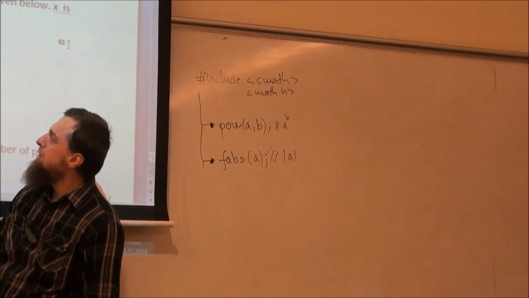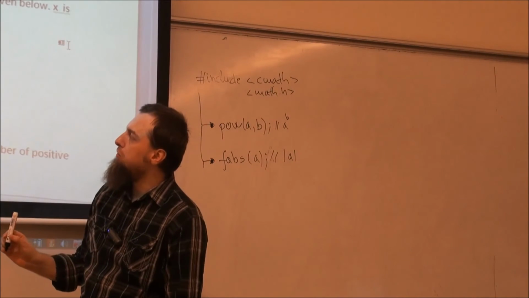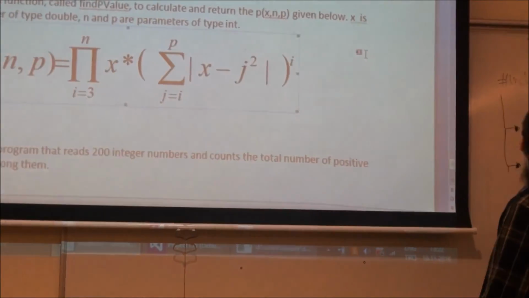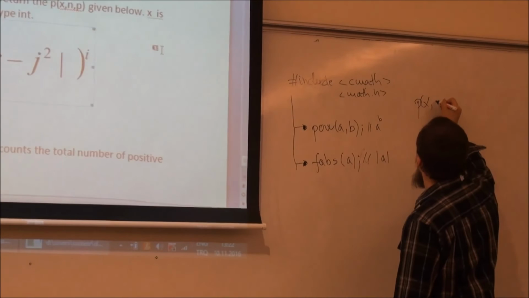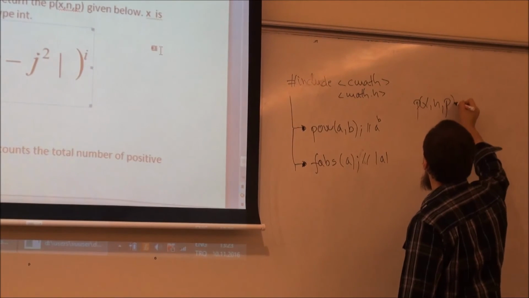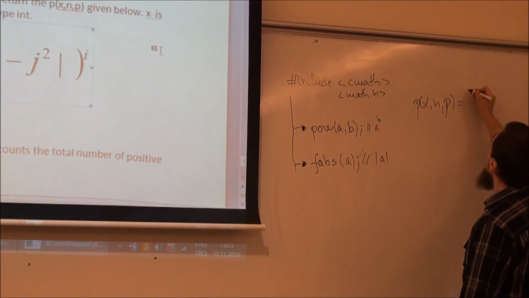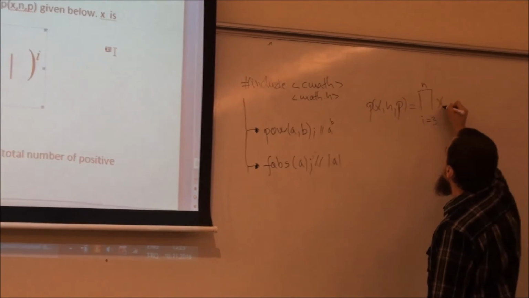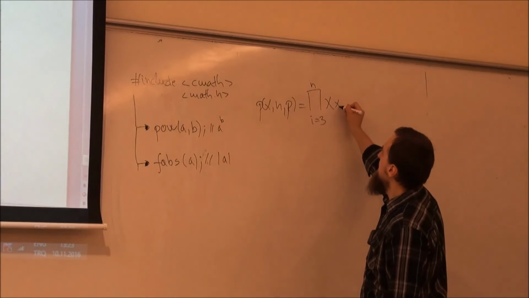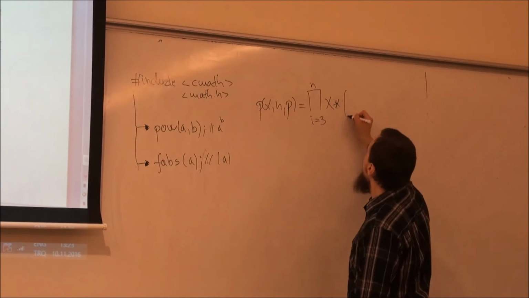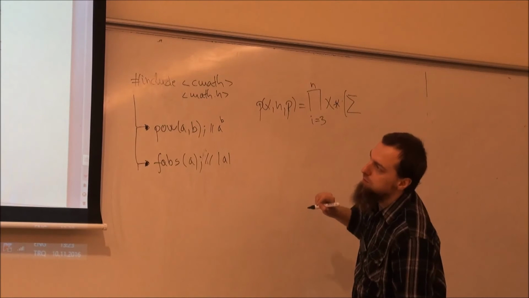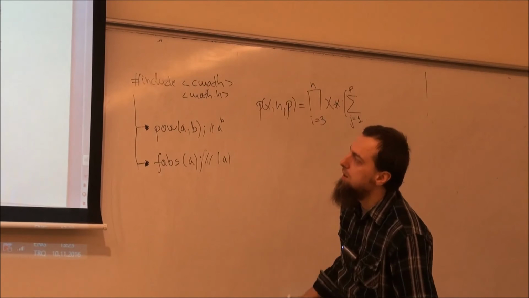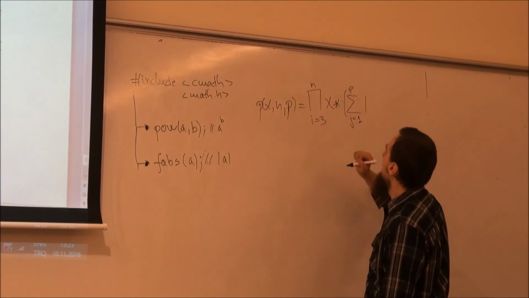Just tell me, please, which is the part that you're going to find first? I think I should write something. If not in details, from 3 to n, this is x, the x is given, multiplied by summation from j equal to 1, from 1 to p. It's the flower sign in the middle.